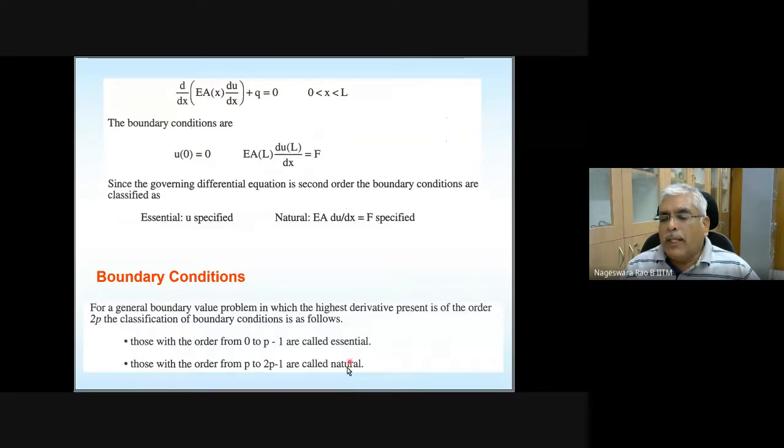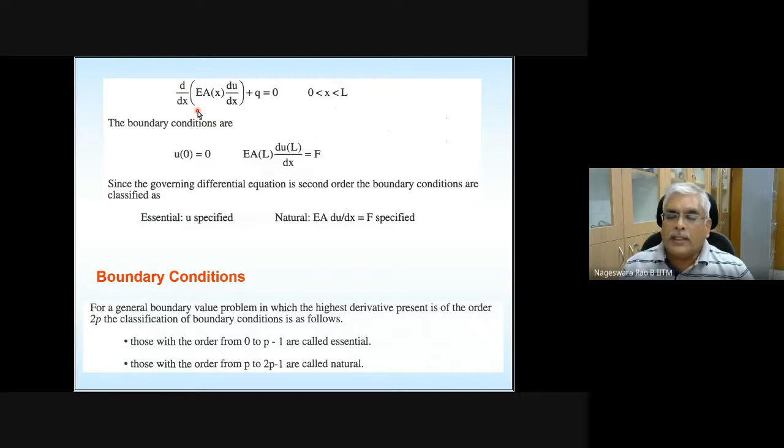Please make a note of this point and now apply this here. Just now we have seen a problem, and now whether this particular thumb rule is valid here. Here the differential equation is of order 2. So 2p is equal to 2, p is equal to 1.